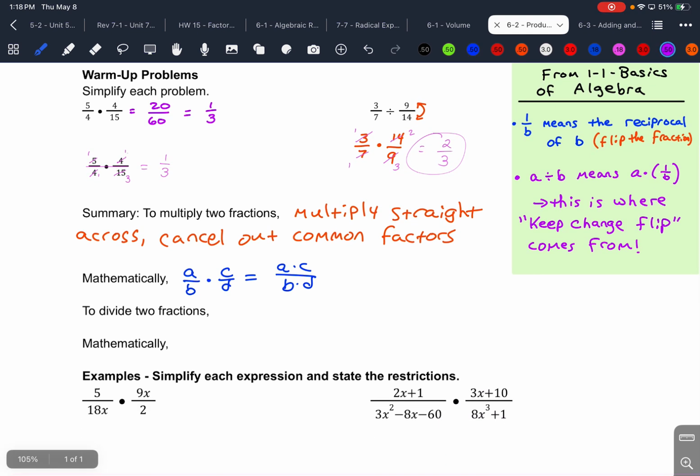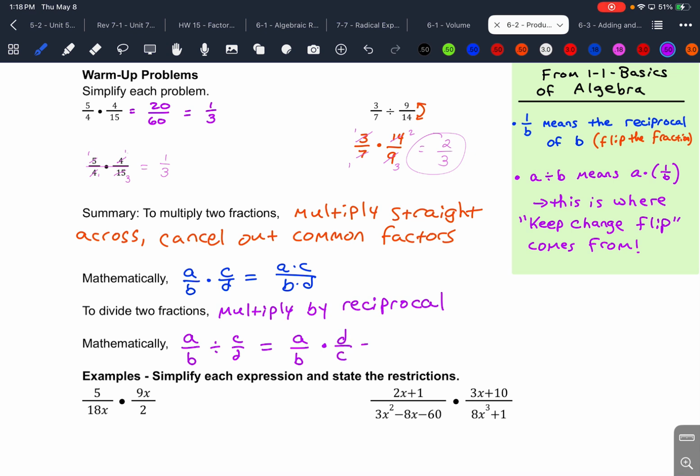To divide two fractions, we multiply by the reciprocal. And here, if we have a over b divided by c over d, we can keep, change, and flip.